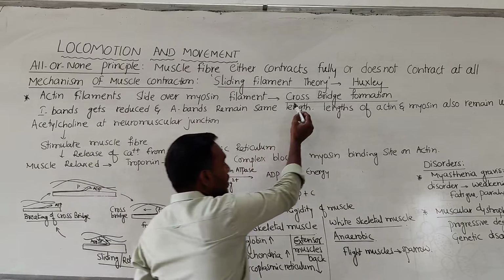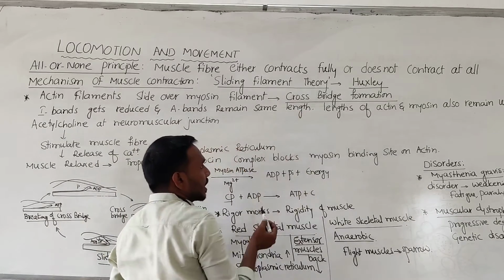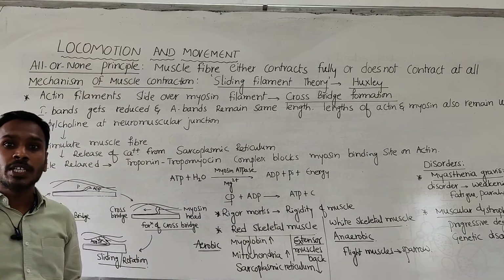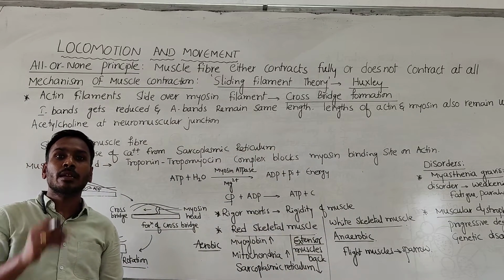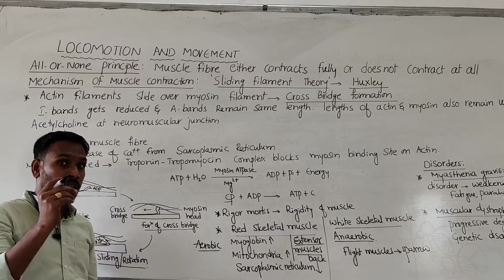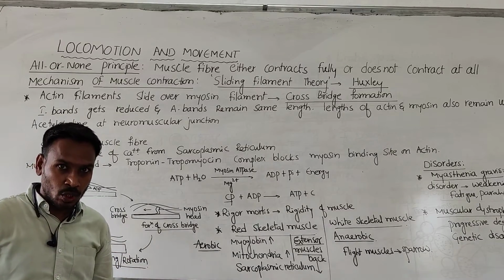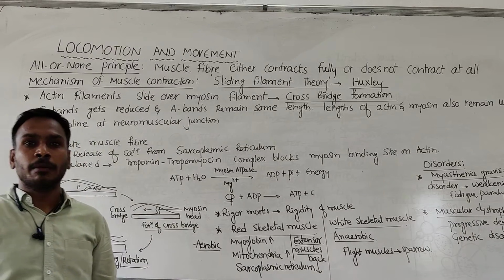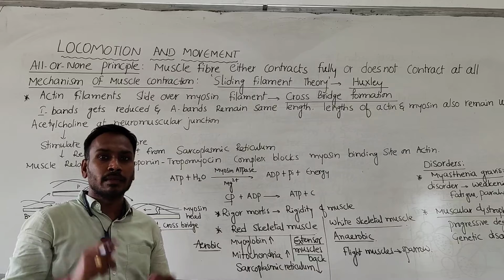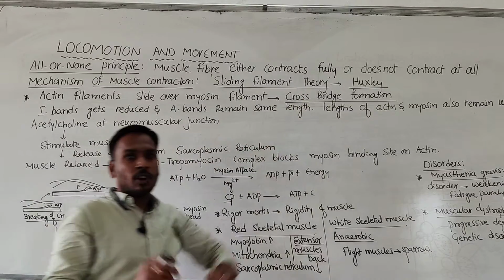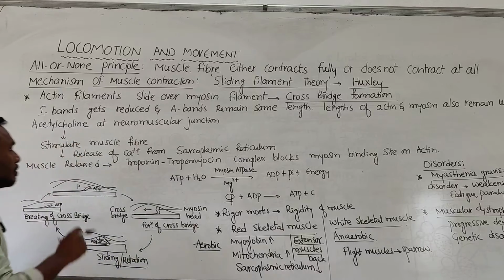During this sliding process, cross-bridge formation occurs between actin and myosin. The heads of the myosin attach to active sites present on actin. These two attach together, and cross-bridge formation occurs.